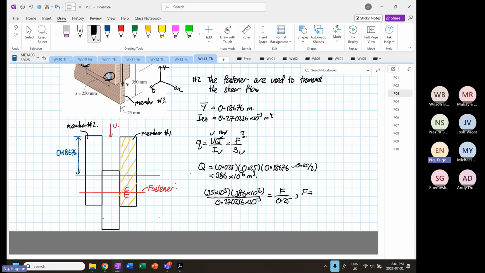I get 12.498 times 10 to the power 3 Newton. Okay. So for this case, I only consider one side for the failure. So this is based on single shear. Okay.